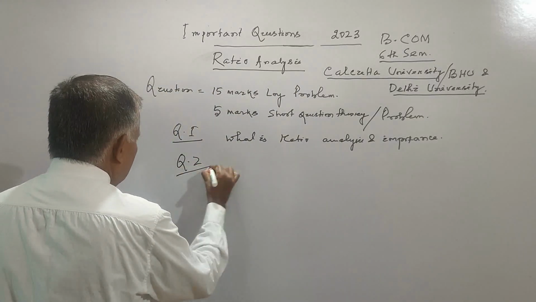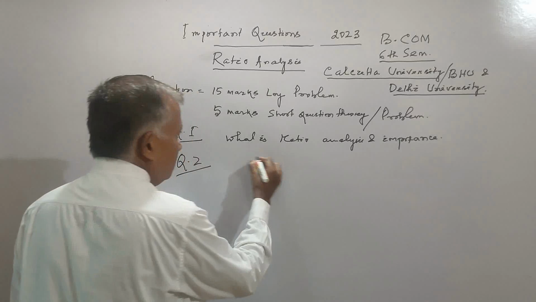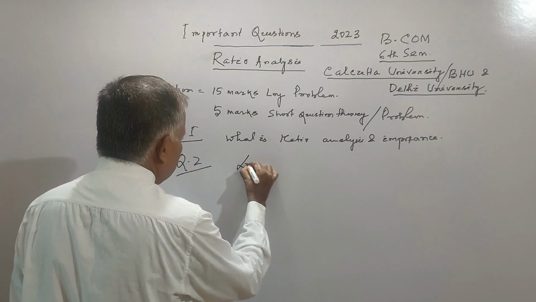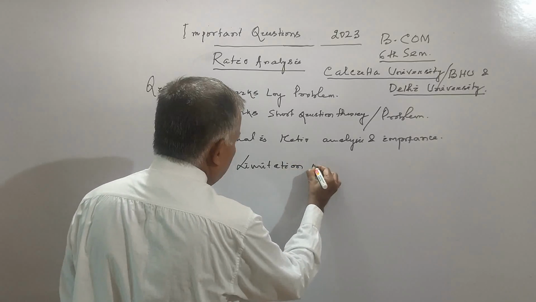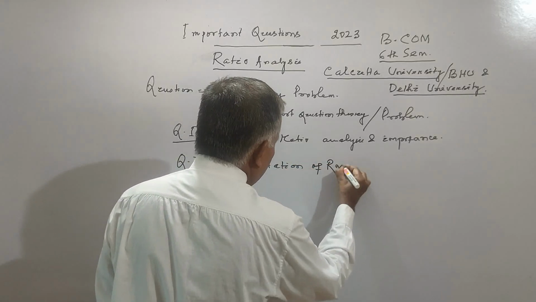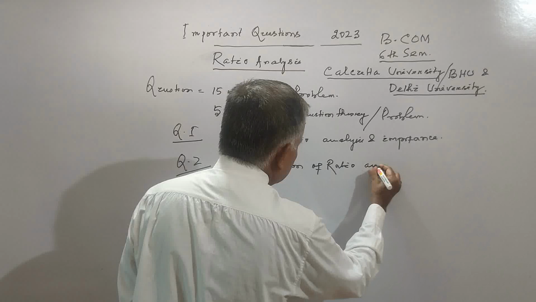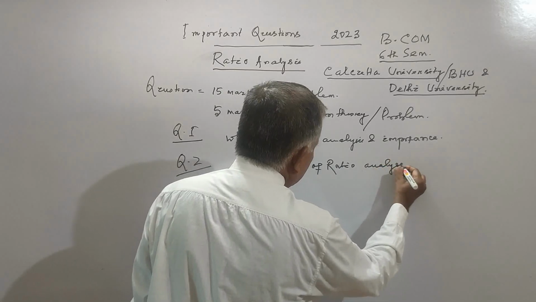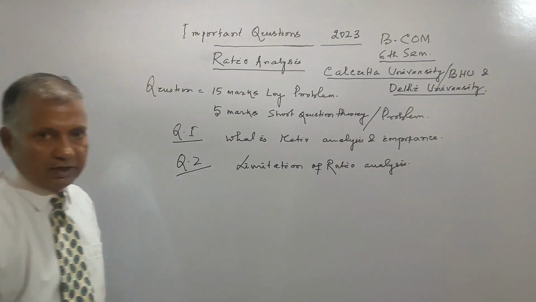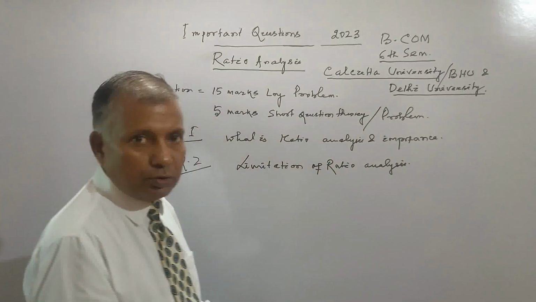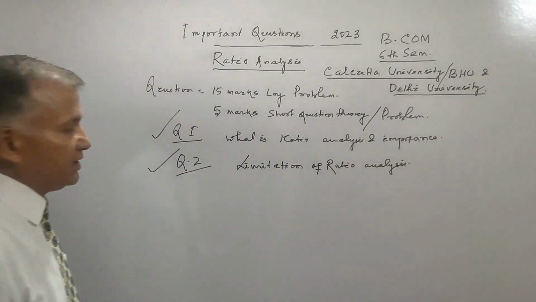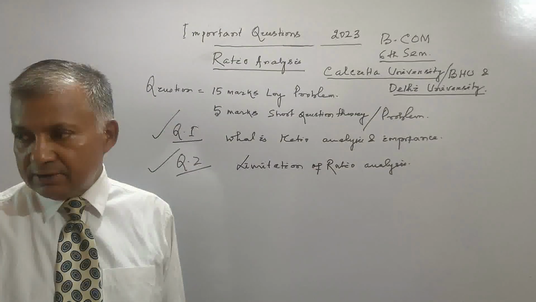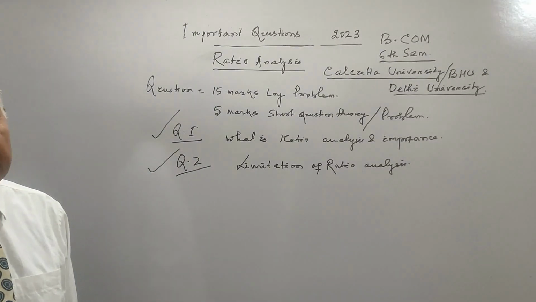Question 2 is the limitation of ratio analysis. And there are very short questions. You can get the answers to these questions from this video.